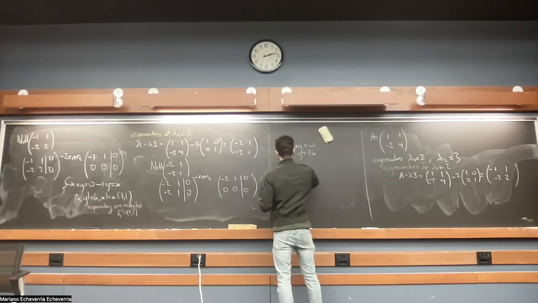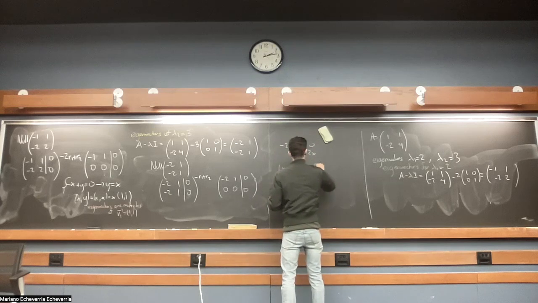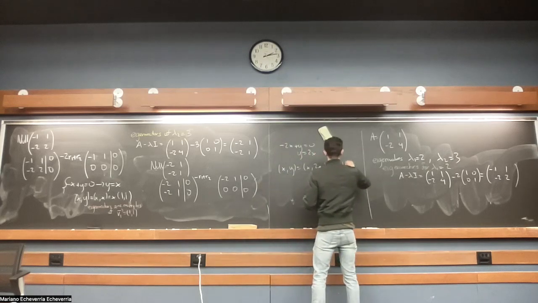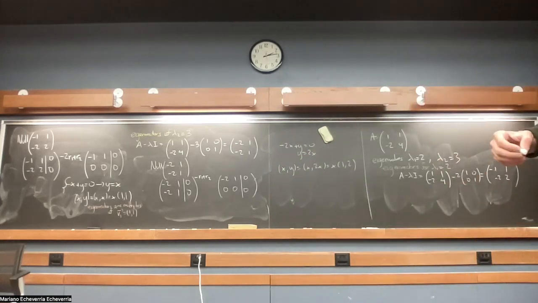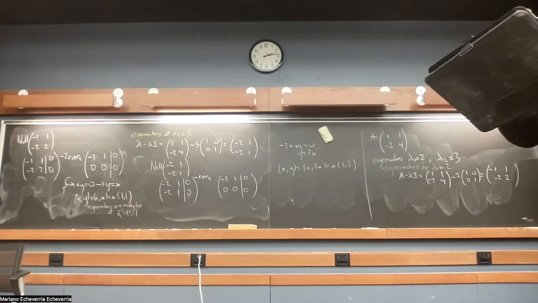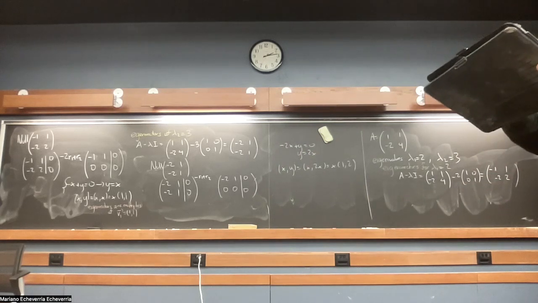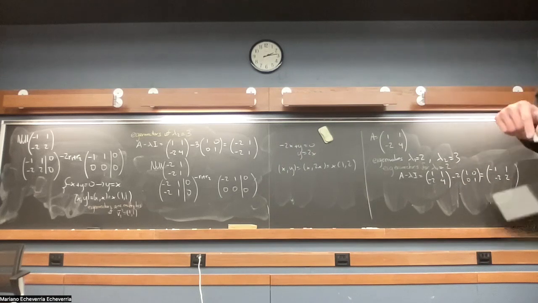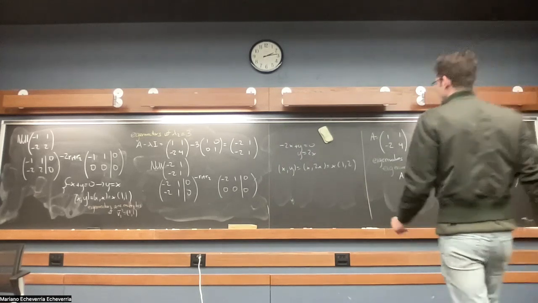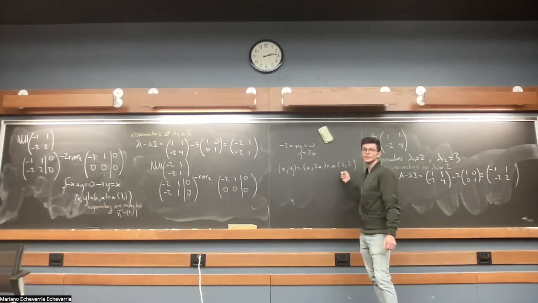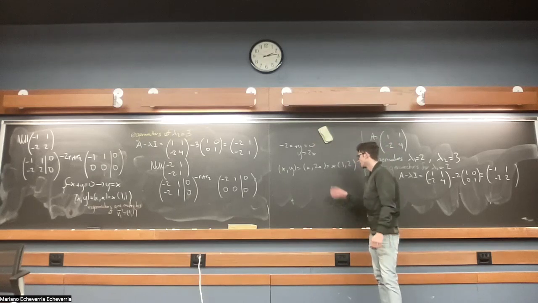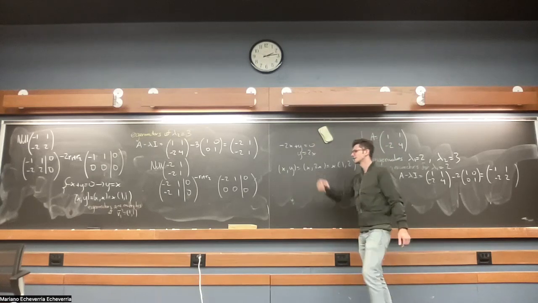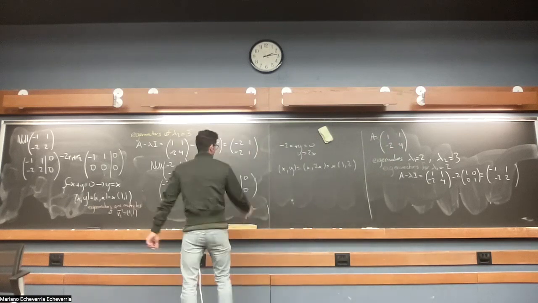If you take a vector x comma y in the null space, you get x comma 2x, which is x times 1 comma 2. Is that okay? So any eigenvector associated to this eigenvalue, in this eigenspace, which is the name given to that, is just a multiple of 1, 2.